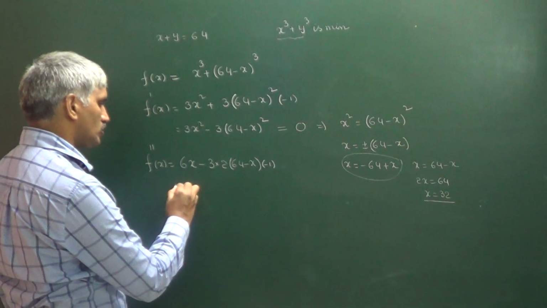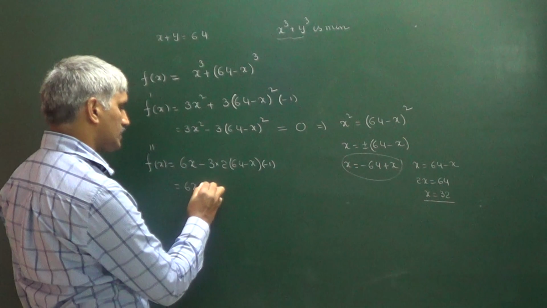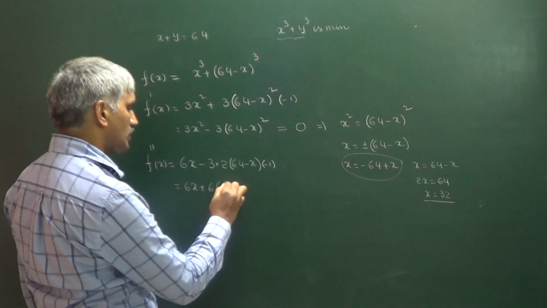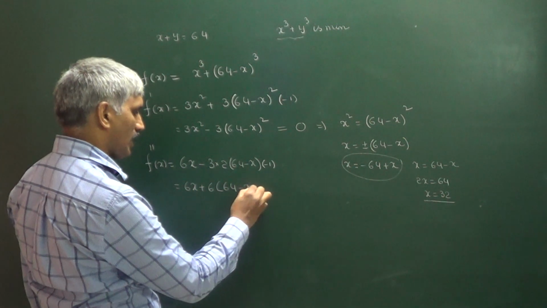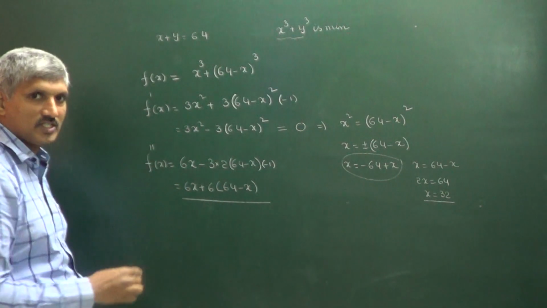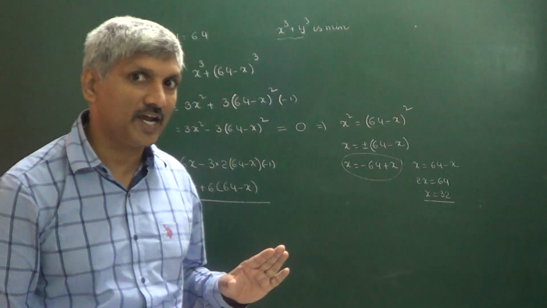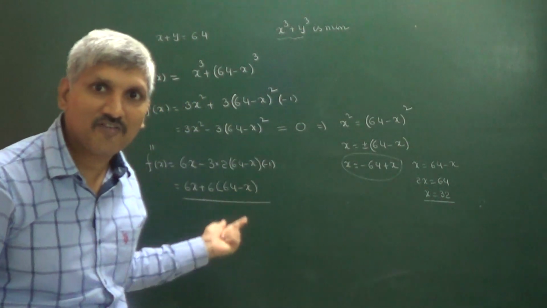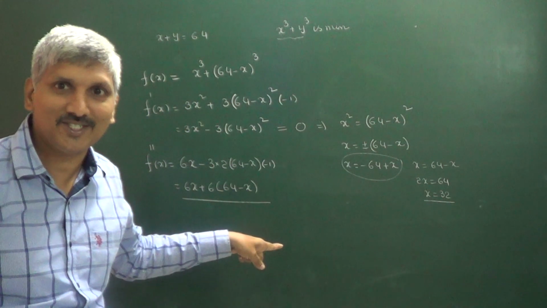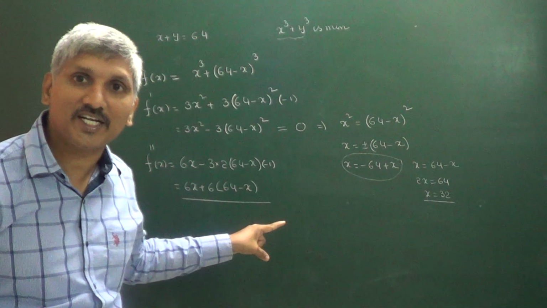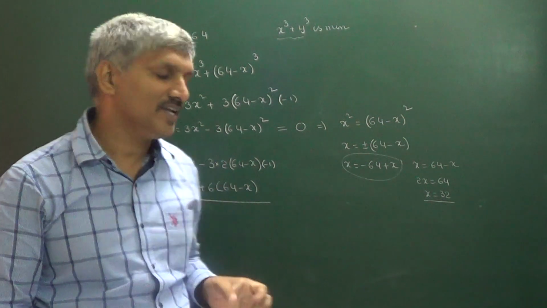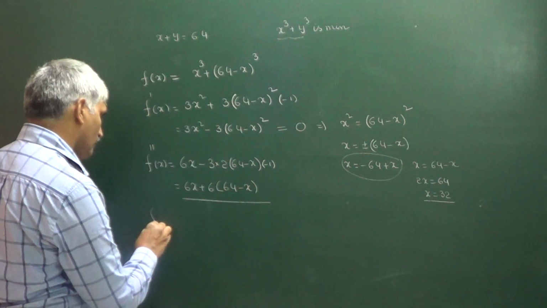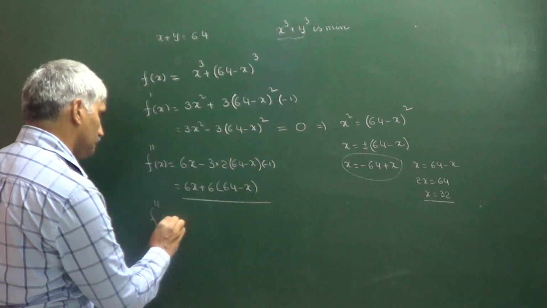Now we can write this as 6x plus 6 into (64 minus x), that is the double differentiation. Now what is our target? At x is equal to 32, the double differentiation should be greater than 0. Double differentiation greater than 0 means we have a minima. That's why find out f double dash of 32.